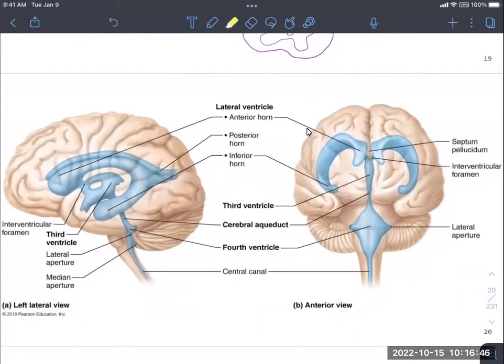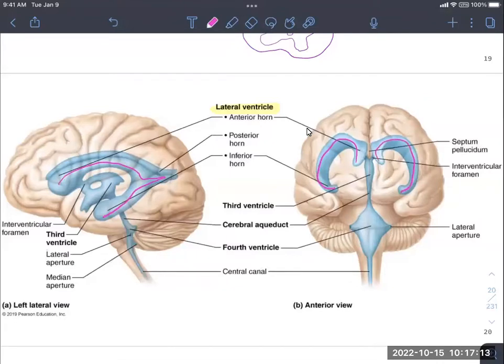So here is all the ventricles in blue. We have this lateral ventricle. That is the big portion. This whole thing through here is the lateral ventricle.